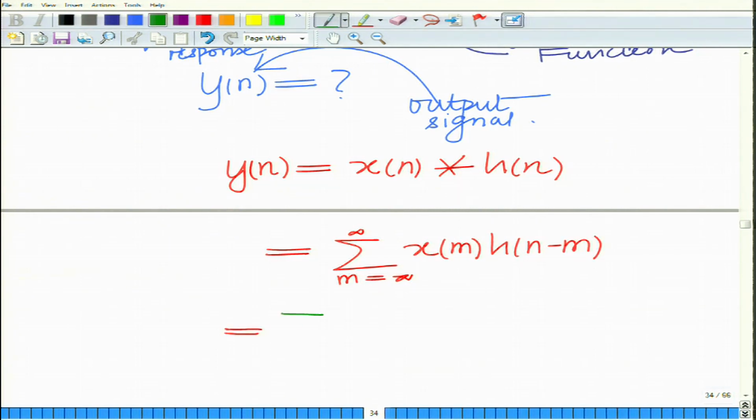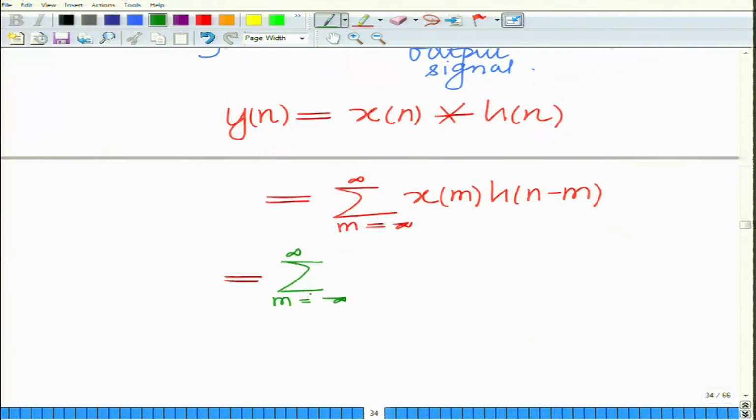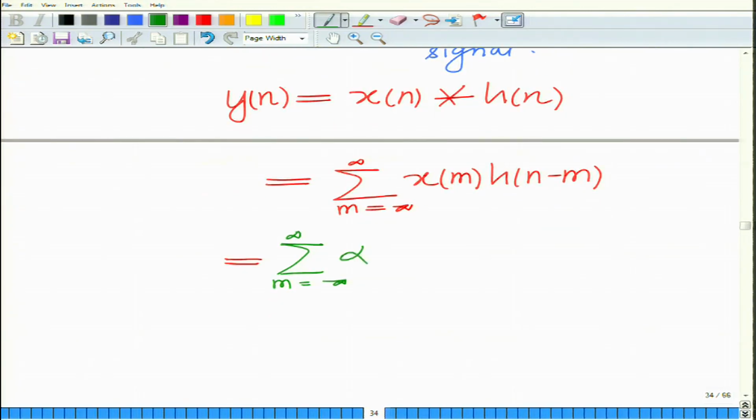Substituting the expression for x[m], we have alpha to the power of m u[m] times h[n minus m], which is beta to the power of n minus m u[n minus m].